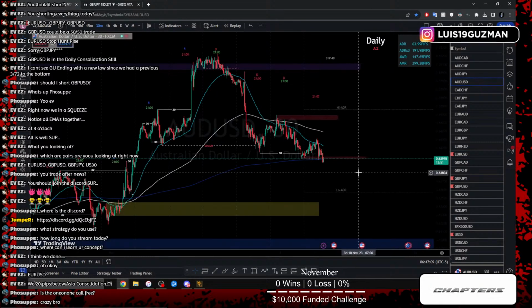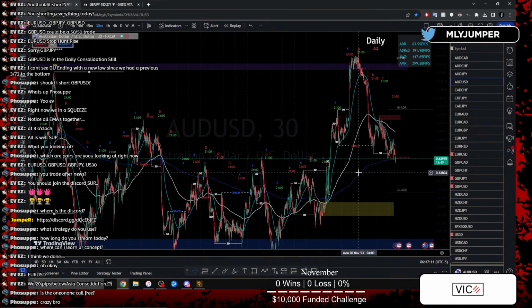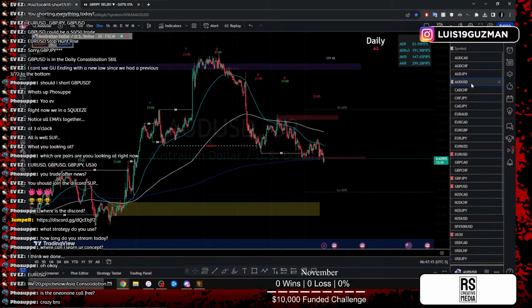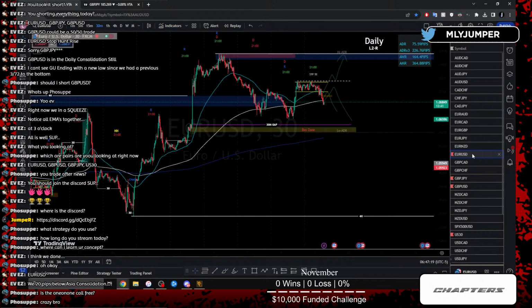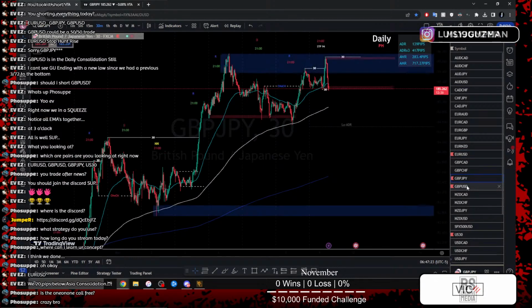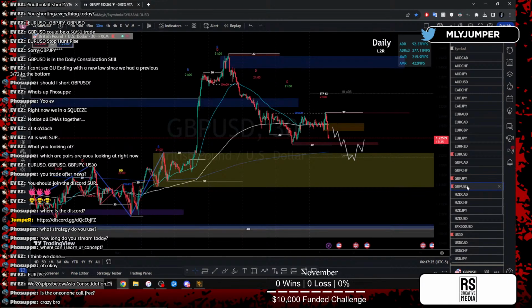We go one by one. Each pair is either at the top of their zones or at their bottoms, and the ones that aren't at the top or at the bottom are just in the middle. So AU's at the top, EU's in the middle, GJ's at the top, GU's in the middle at this point.